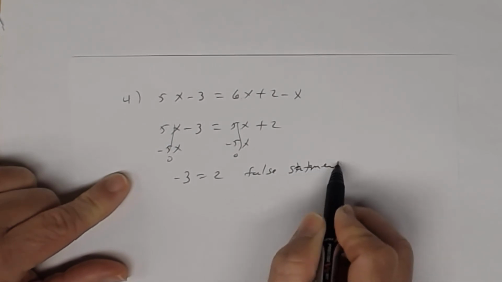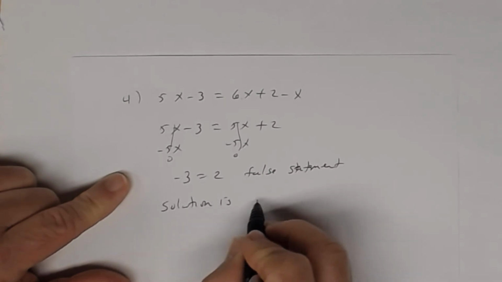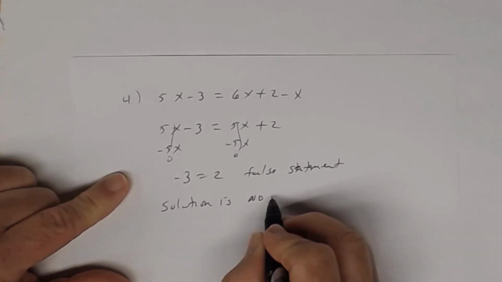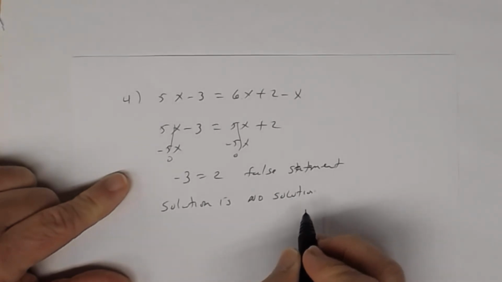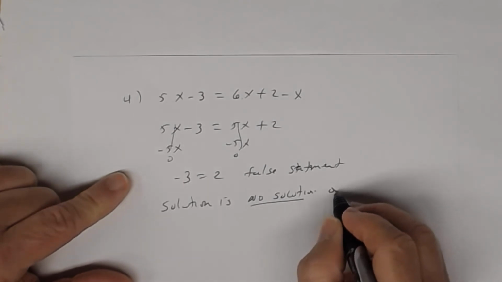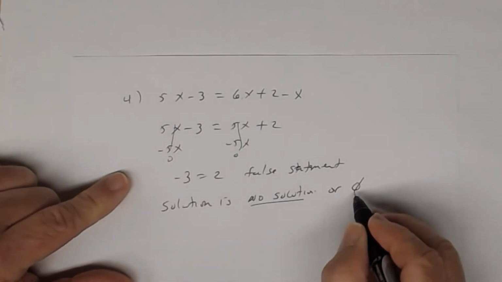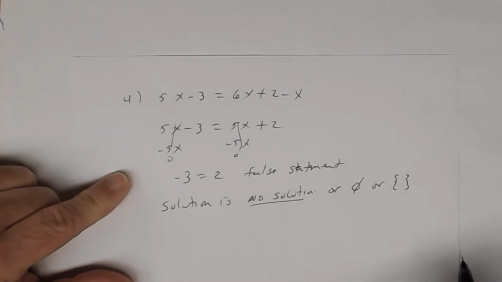So in terms of solution, what does that mean? What's your solution? So the solution is no solution, right? No solution. Now another way you can say this, since there's no solution, you could say the empty set, or you can say braces with nothing in them.